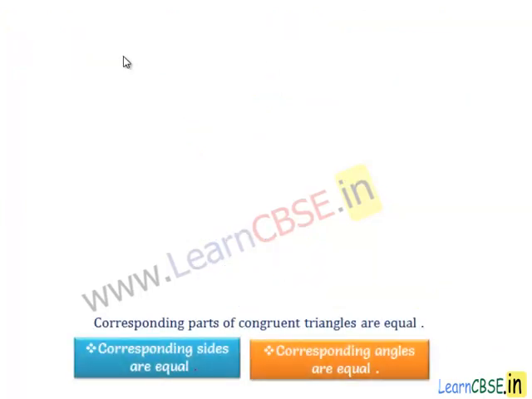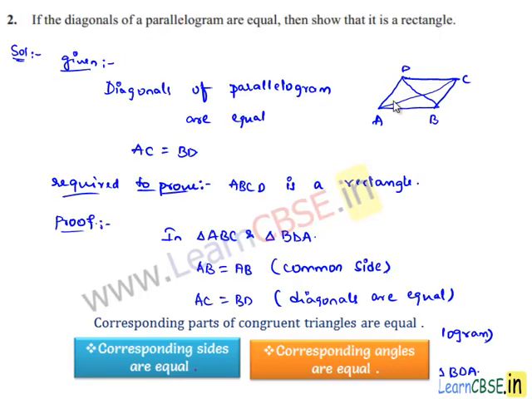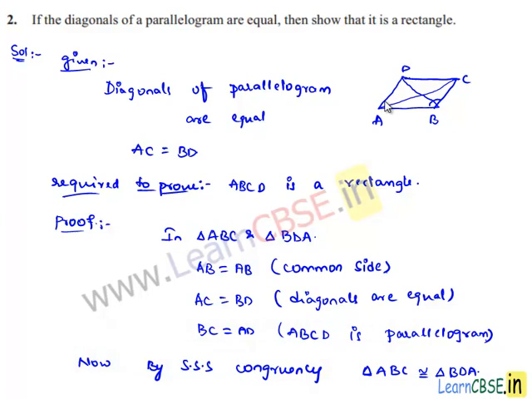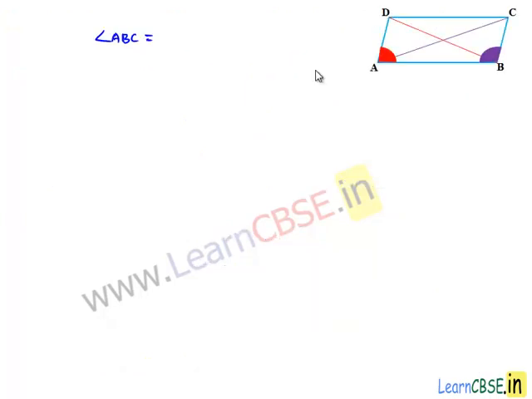So here we can equate angle ABC of triangle ABC equal to angle BAD of triangle BDA. Let it be equation number 1.